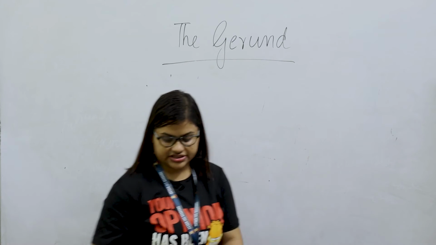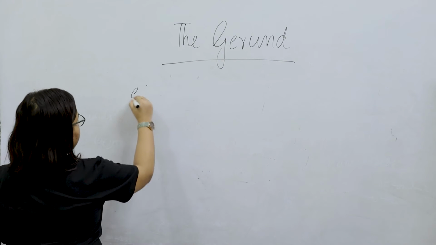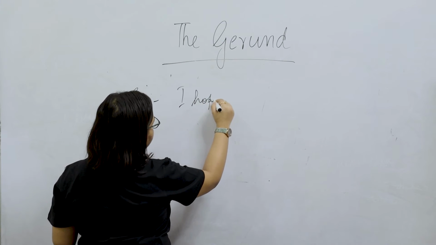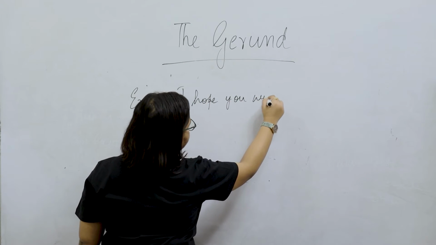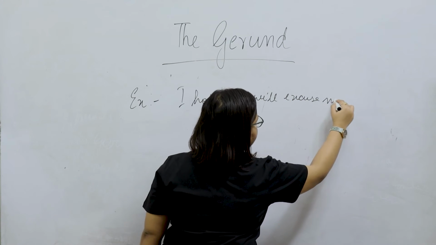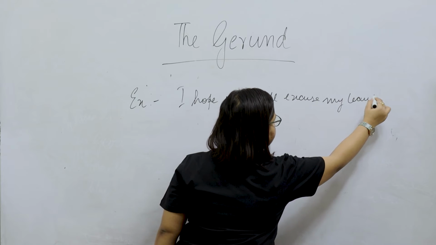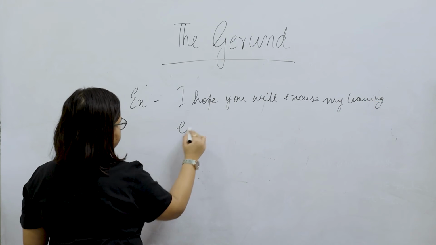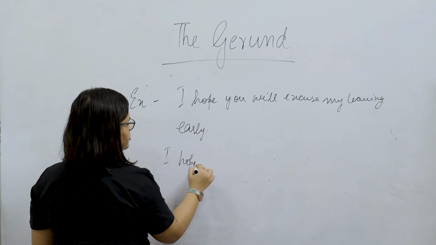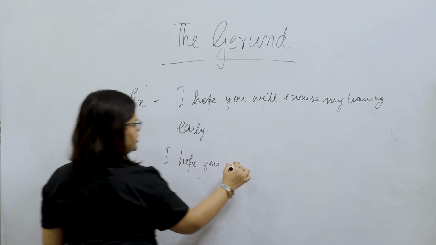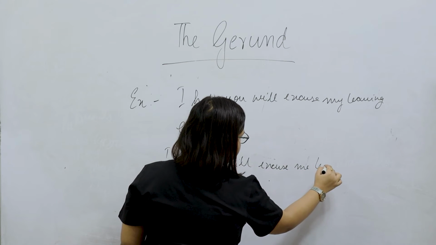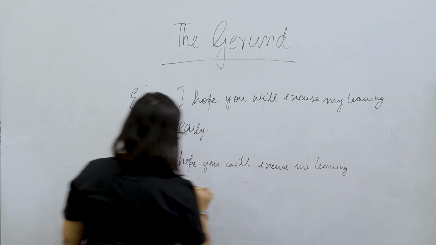So how that happens is, there are two sentences like, I hope you will excuse my leaving early. The next sentence being, I hope you will excuse me leaving early.